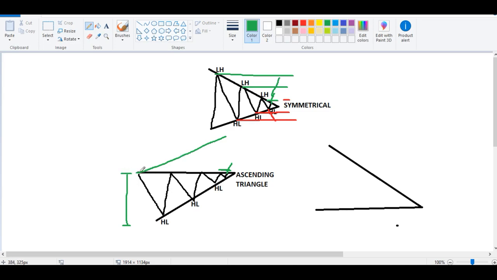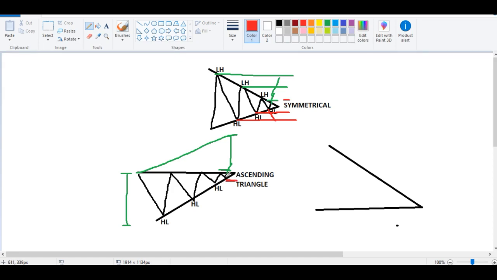So you either take the distance from the high to where the triangle starts forming, basically we can call this the mouth, or you simply draw a parallel line to this bottom trend line, and that will be your final target. And your stop loss is simply on the opposite end.